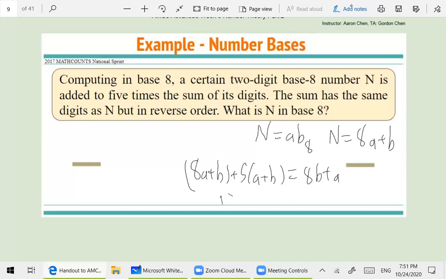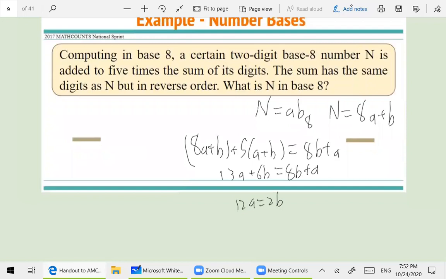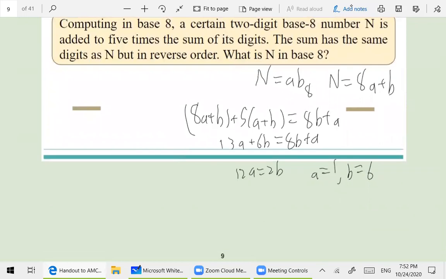And so 13a plus 6b equals 8b plus a. So 12a equals 2b. And the only possible solution to this is a equals 1, b equals 6. So n equals 16 base 8.